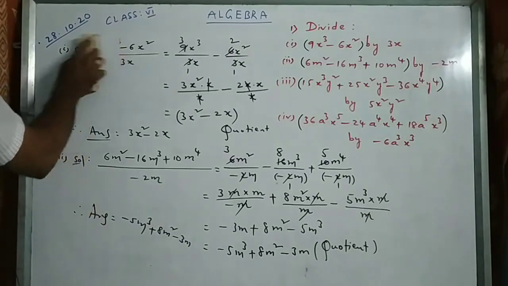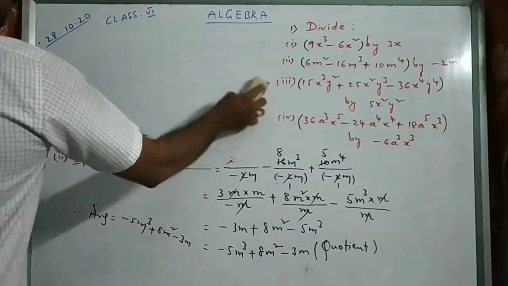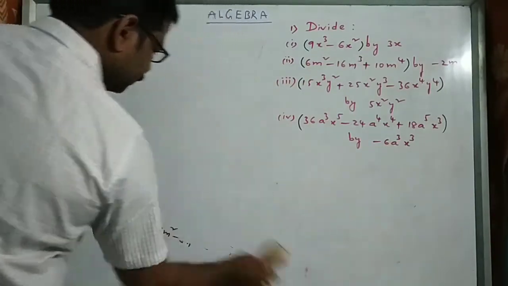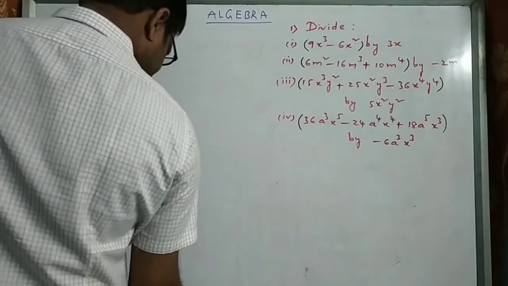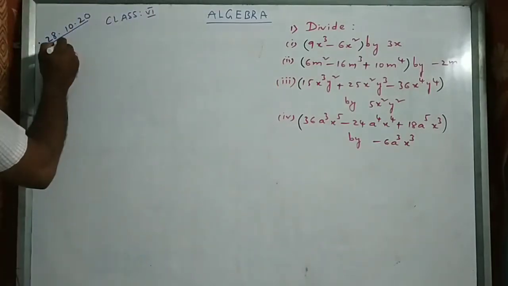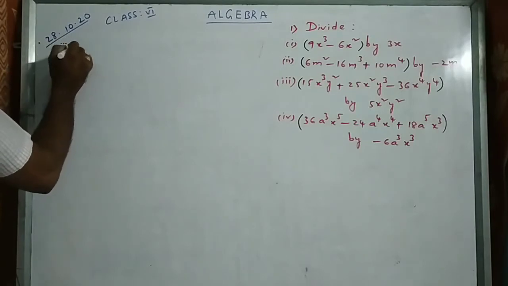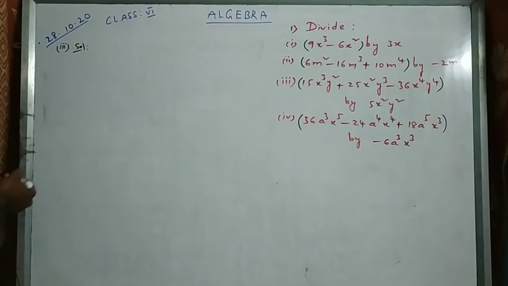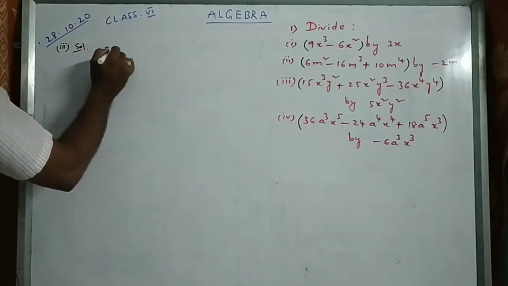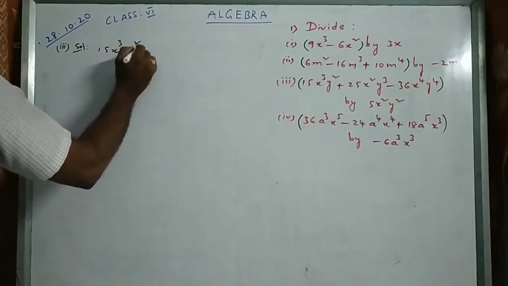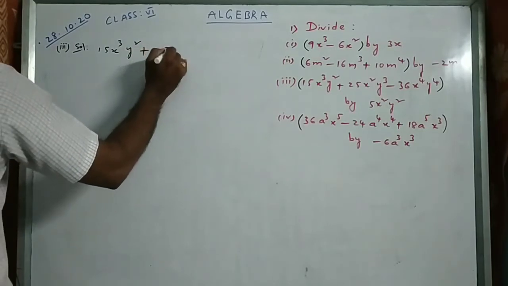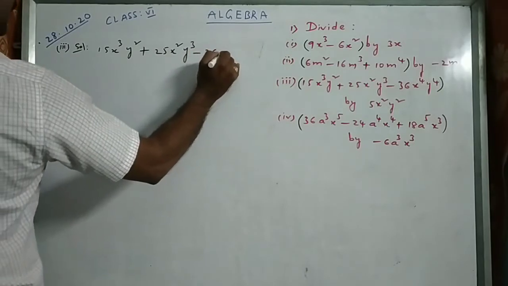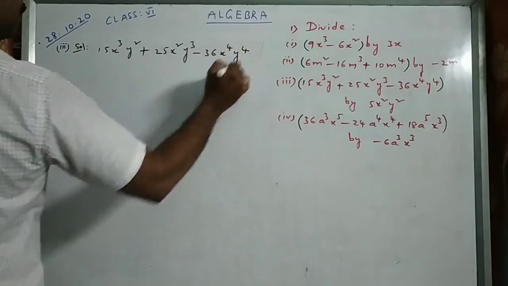Okay, third one. Trinomial by monomial again. 15x cube y square plus 25x square y cube minus 36x power 4 y power 4.